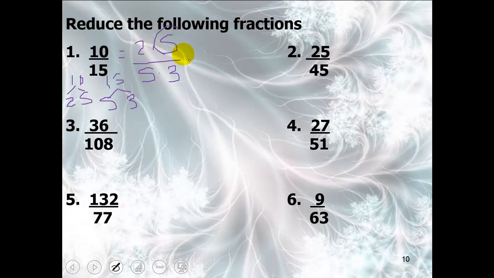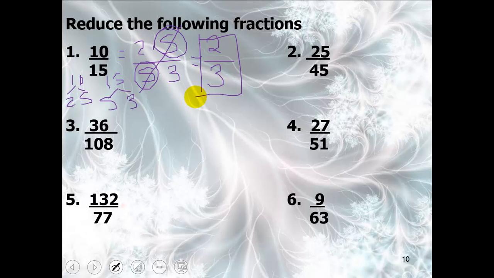Now I have a 5 in the numerator and a 5 in the denominator. So they cancel and become 1. Right? And I'm just left with 2 times 1, which is 2, over 1 times 3, which is 3. And my final answer is 2/3.